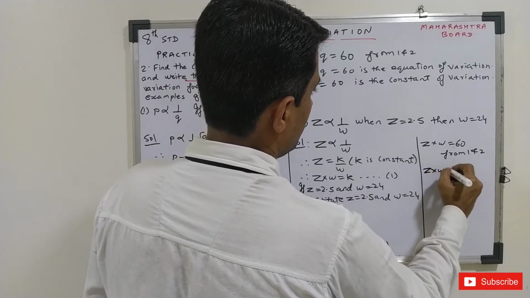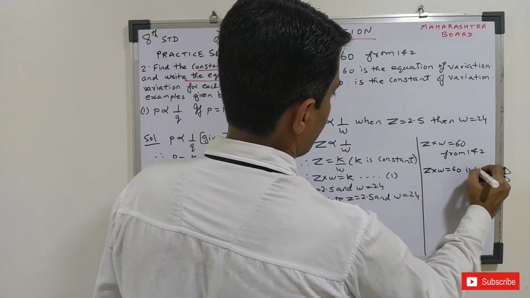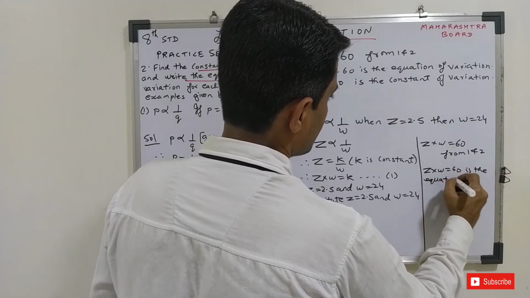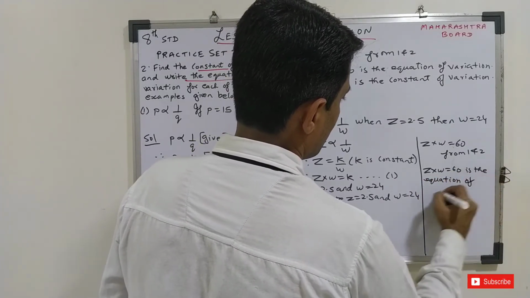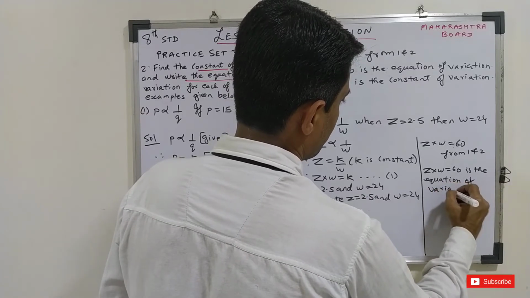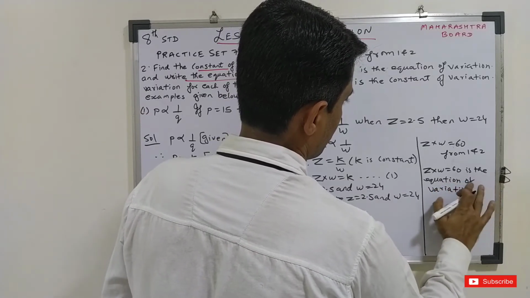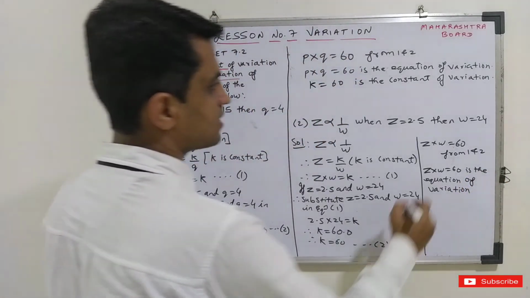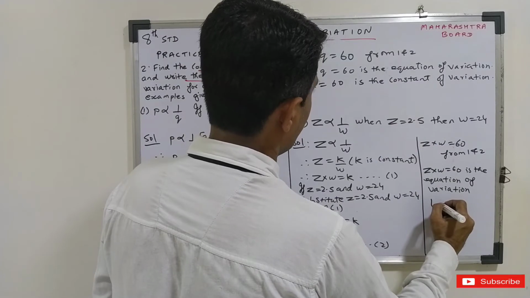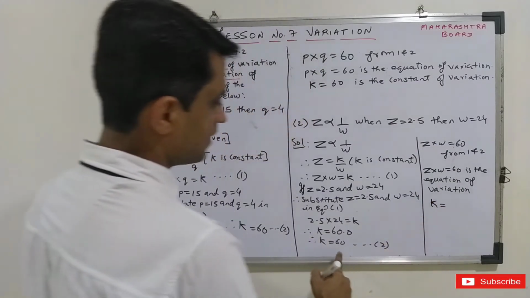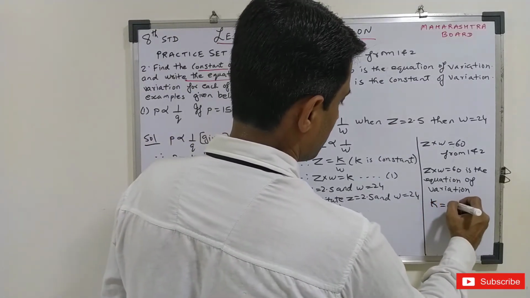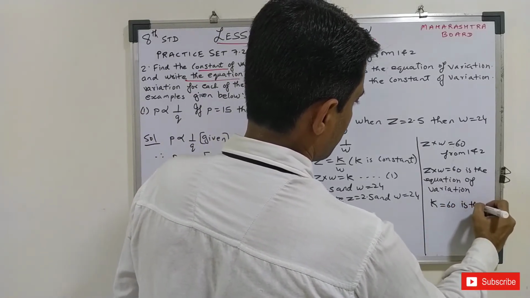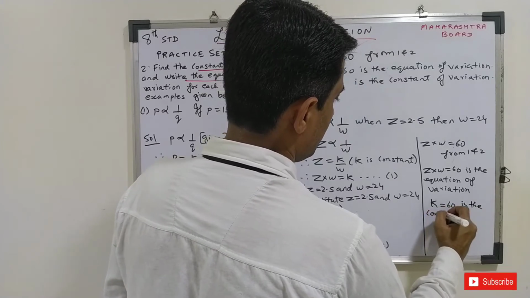Z into W is equal to 60 is the equation of variation. This is called the equation of variation. And what is our K? 60. K is equal to 60 is the constant of variation.